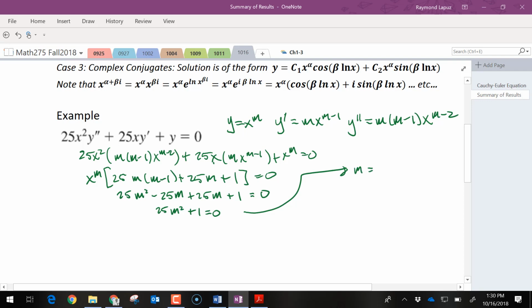m is equal to, bring that over, it'll be negative. So that would be an i, and then 1 over 25 and the square root would be 1/5 i.